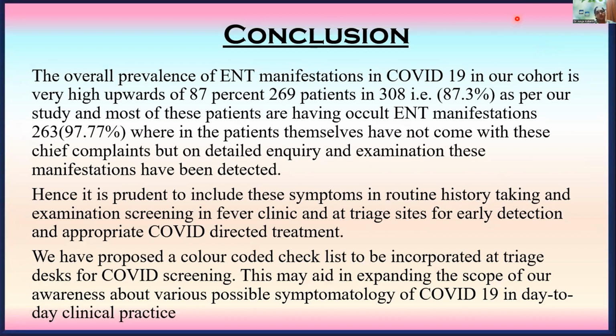So to conclude, the overall prevalence of ENT manifestation in COVID-19 in our cohort is very high, upwards of 87%, that is 269 patients out of 308 patients, 87.3% of patients as per our study. And most of these patients were having occult ENT manifestations, upwards of 97%, wherein the patients themselves have not come with these chief complaints, but on detailed inquiry and examination, these manifestations have been detected.